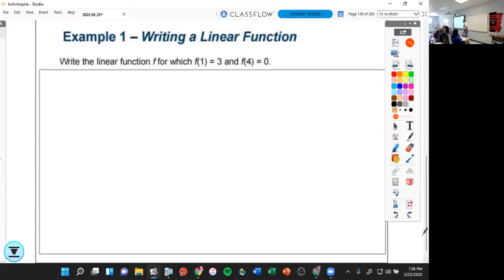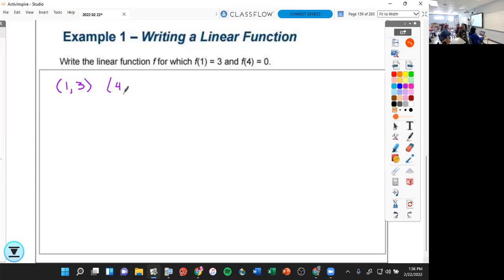Okay, so I want to write the linear function f for which f of 1 equals 3 and f of 4 equals 0. How would you start this problem? Do you see any coordinates up there? 1, 3 is one of the coordinates.